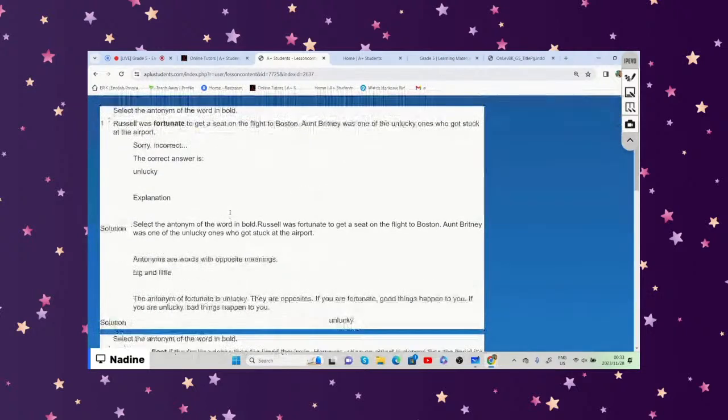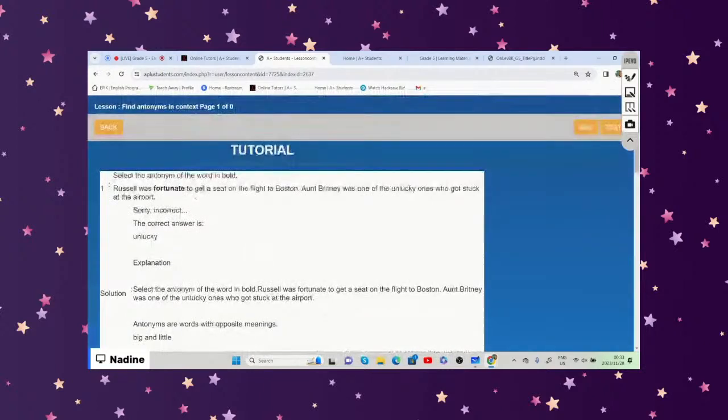So if we need to select the antonyms of the word in bold, remember we said antonyms are words with the opposite meaning. It's not the same, but the meaning is opposite to whatever the specific meaning of that word is. It's not the same.